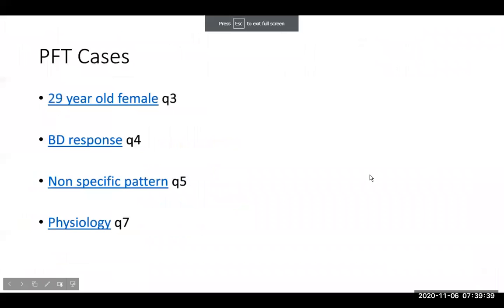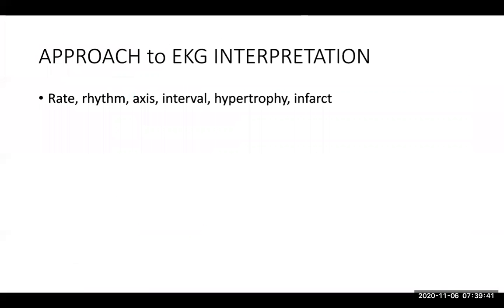Again, keep rolling through. Okay, so when we talk about the dyspneic patient, remember we had the 4 modalities. We've got PFTs, we've got EKG, we've got treadmill exercise test, and we've got POCUS. We just got done looking at PFTs. EKGs, you guys have been working on these, and you need to continue to work on them. My point here, I just want to reiterate, it's all about the process.